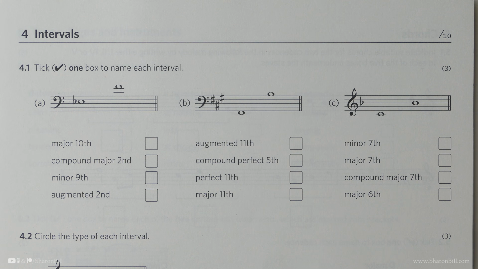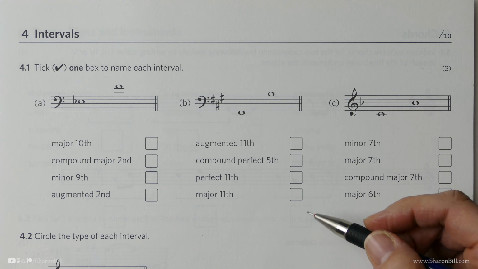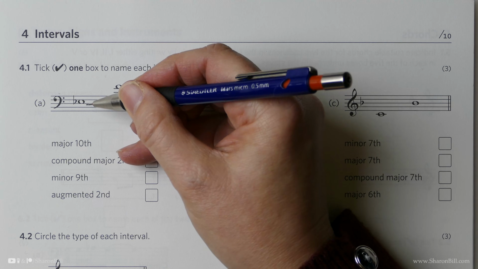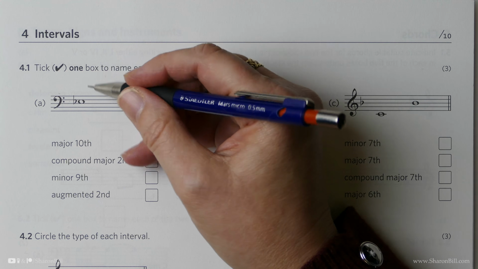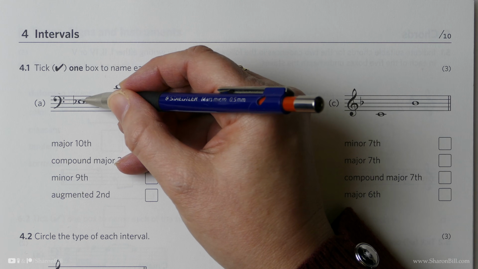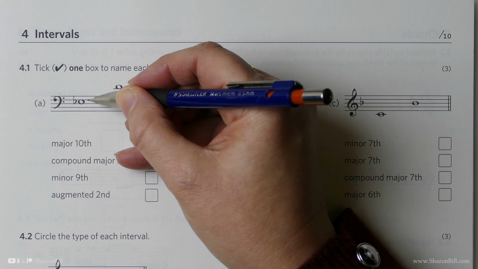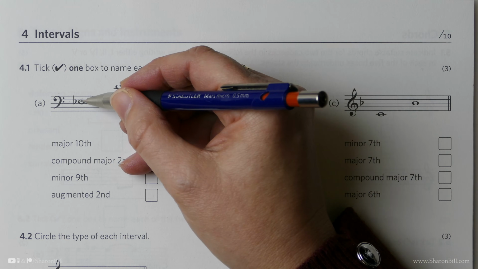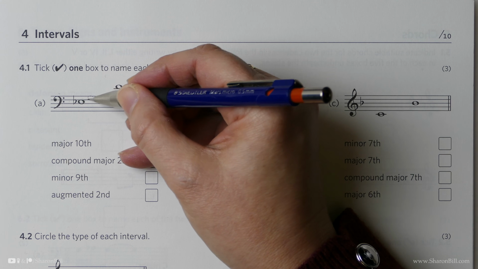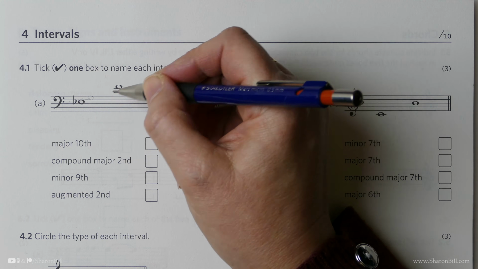So we have to name each of these intervals. And so the first job, the easy job, is just to get the number. However, I say the easy job it is, so long as you remember to give the low note, you count that as one. So that's the first degree, second, third, and so on. The only way you'll go wrong is if you forget to count that as one and start counting upwards straight away, then you'll be one out.